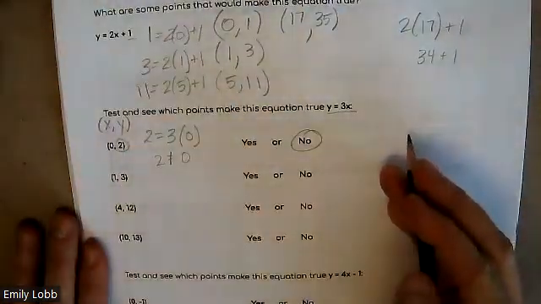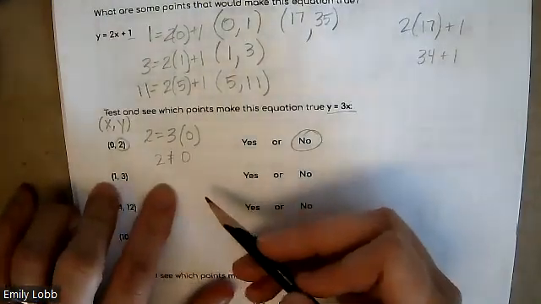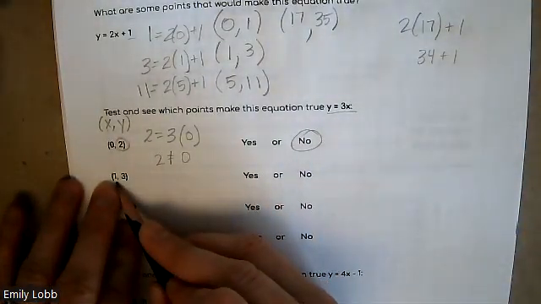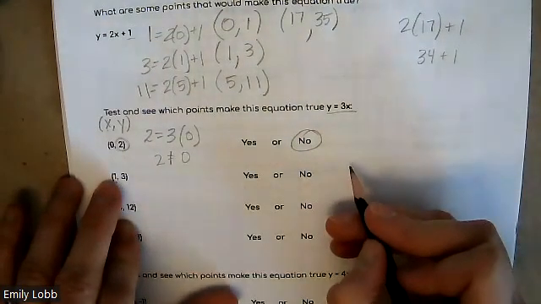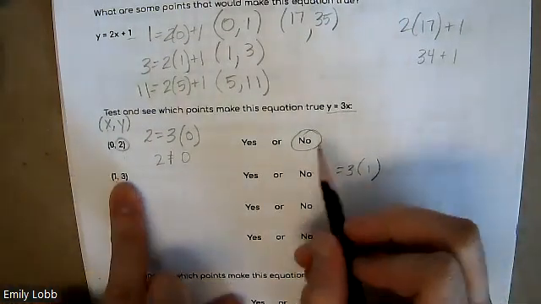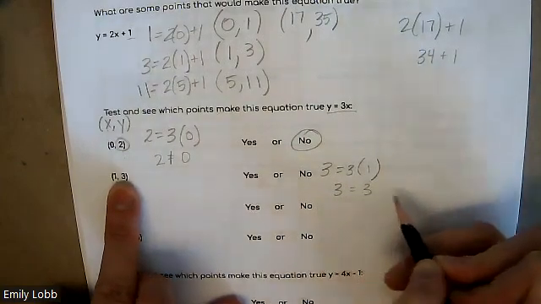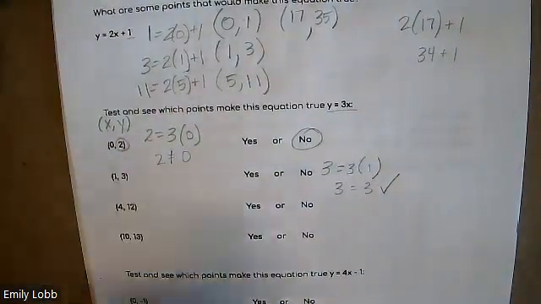And I'm going to kind of skip back and forth so that we aren't like running into each other. So what am I putting in for x now? 1. So 3 times 1 is equal to what is y? 3. Does 3 equal 3? Yes. I know it seems elementary, but do write it out.